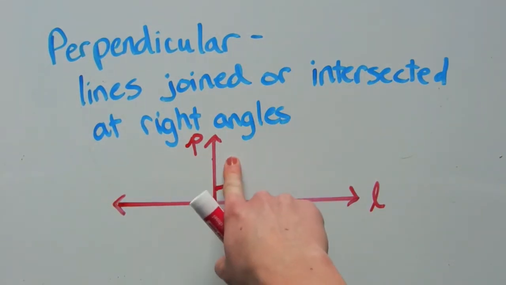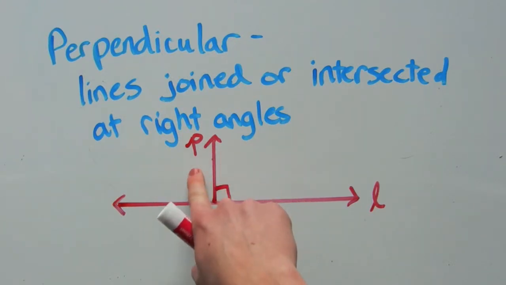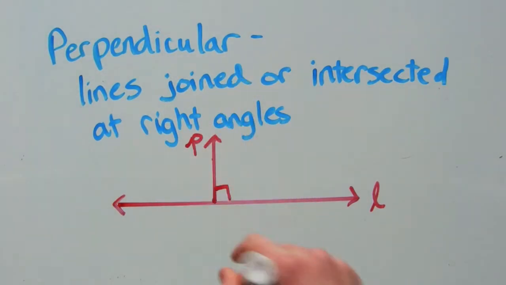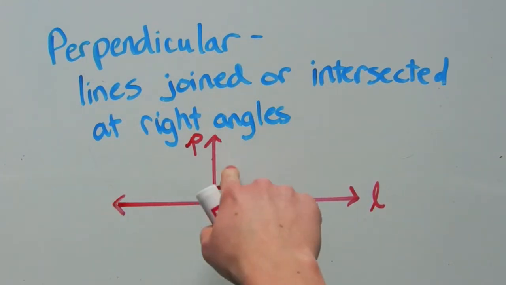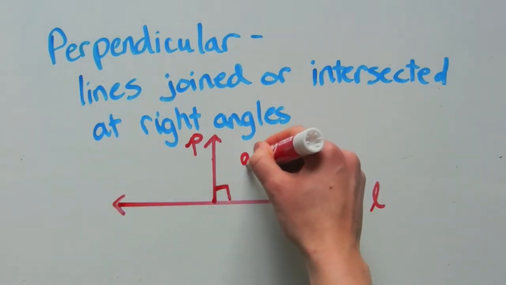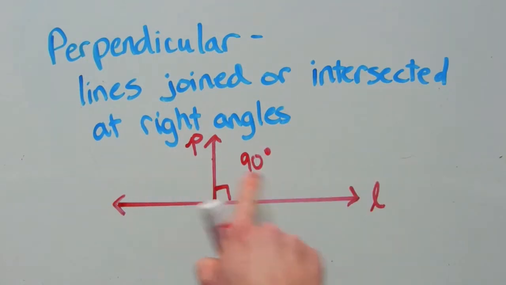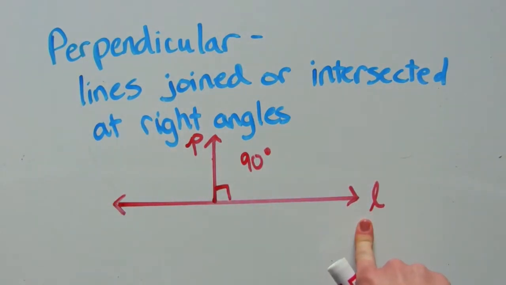Notice that P is not a line, but a ray, because it only goes in one direction. Also note that L is a straight line and P intersects at 90 degrees. Therefore, P and L are perpendicular.